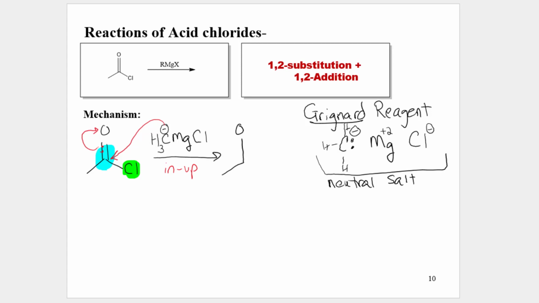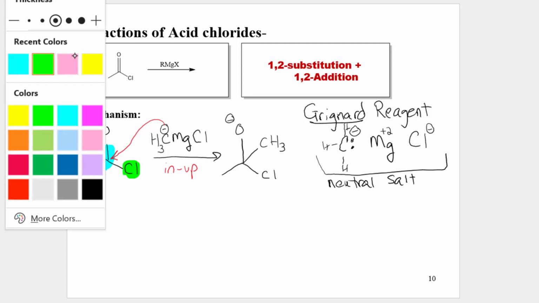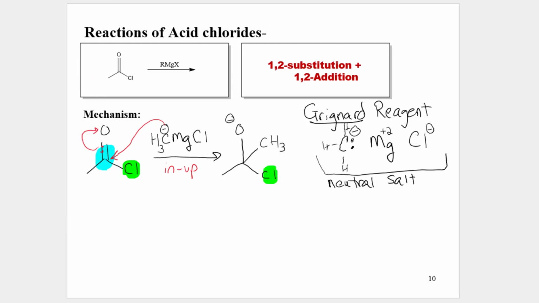We form the tetrahedral intermediate. I've just added a methyl group. Sure enough, because we've got a good leaving group, that tetrahedral intermediate isn't going to stay put, because the electrons will pop right back down and kick off the good leaving group.